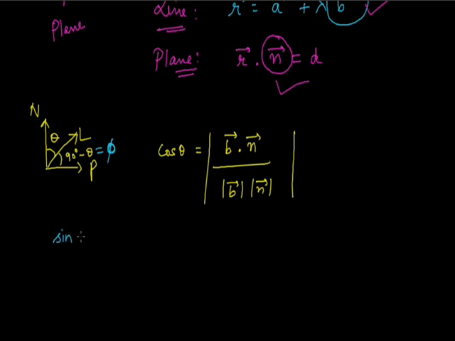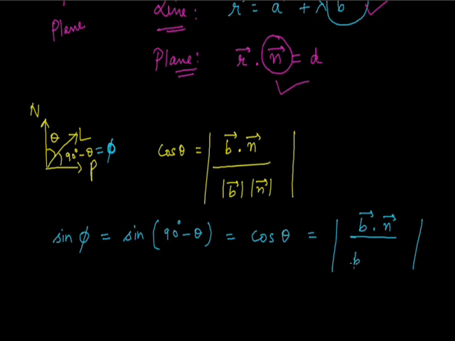So if I find sine of phi, then sine of phi will be equal to sine of 90 degrees minus theta, and sine of 90 minus theta can be written as cos theta. And you know the value of cos theta, it is b vector dot n vector upon mod of b vector into mod of n vector. So sine phi is equal to this quantity.